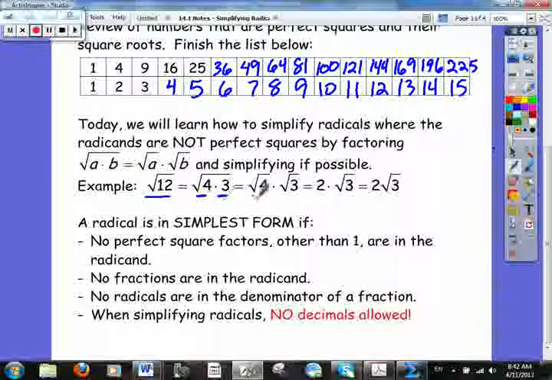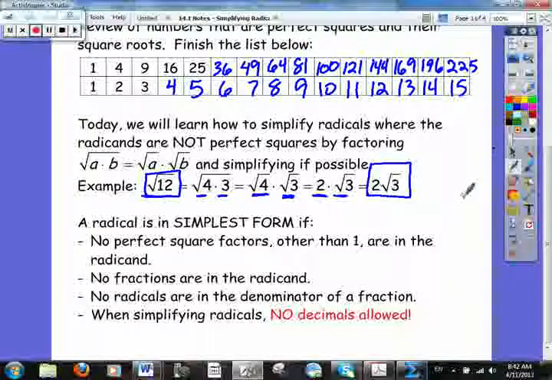And what do you know about the square root of 4? It is a perfect square. And the square root of 4 is 2. Is the square root of 3 a perfect square? No. So I leave that underneath the radical. So to simplify the square root of 12, I can simplify it into 2 square roots of 3.